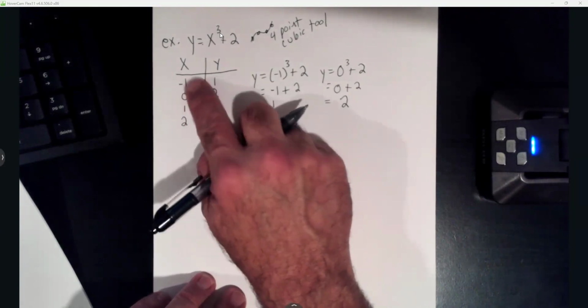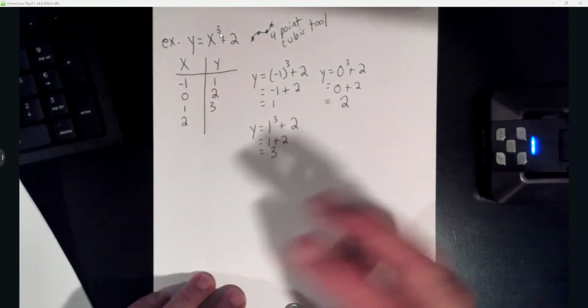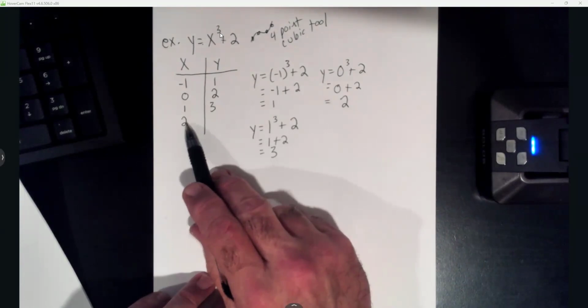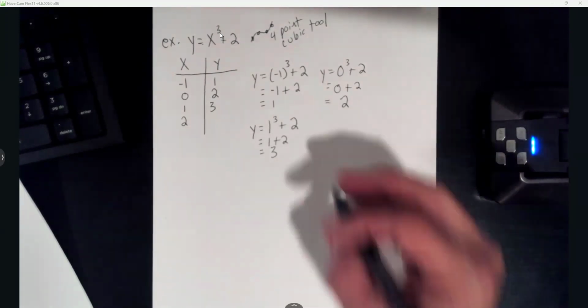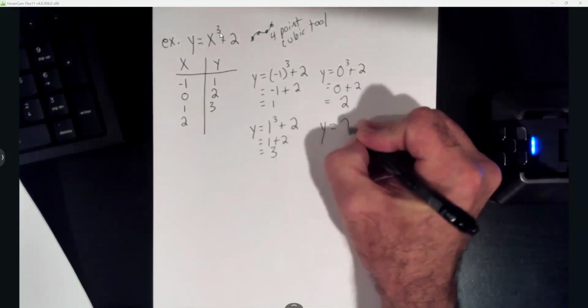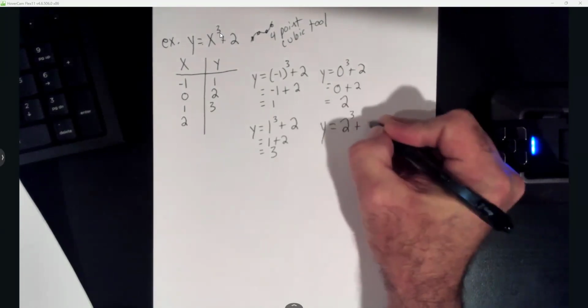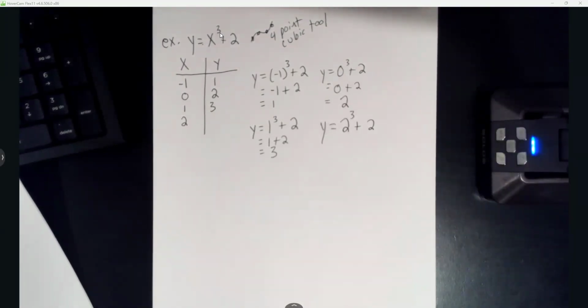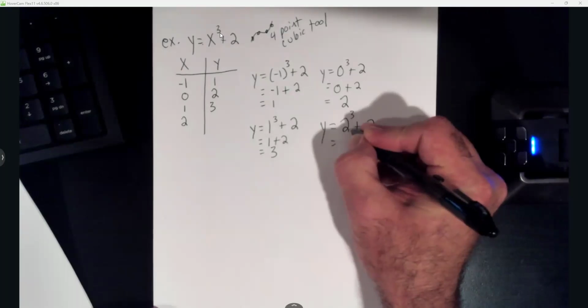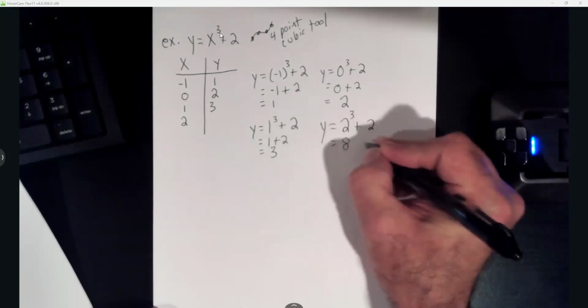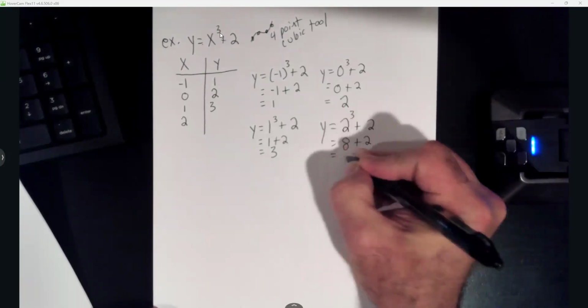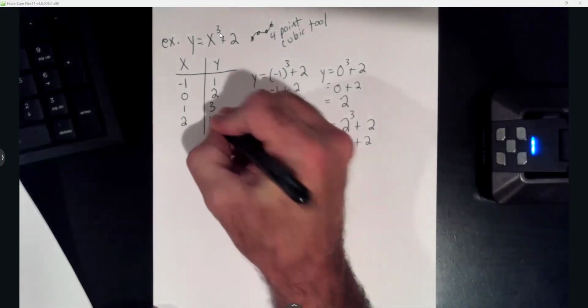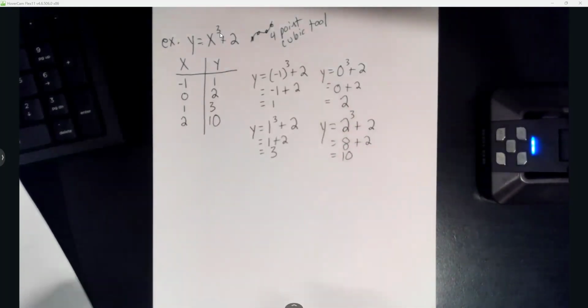You get different numbers for those opposites there. How about if you put a 2 in, what do y'all get? So that is 2 cubed plus 2. All right, mine, that's good, right? 10. 2 times 2 is 4, times 2 is 8, and then 8 plus 2 gives us a 10. So there's my 4 points I would plot.